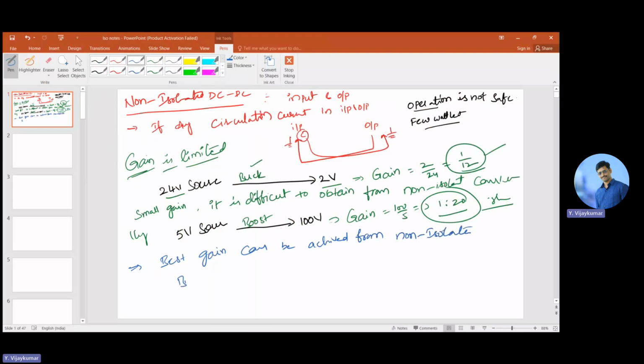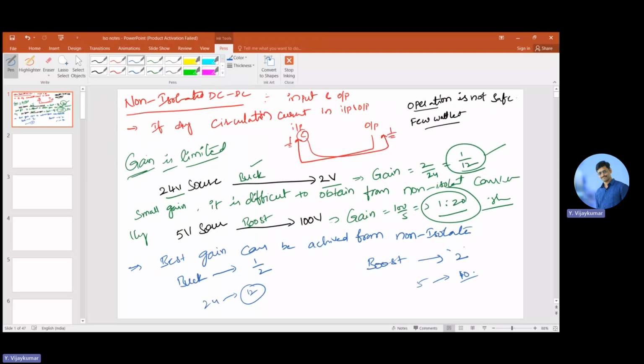If I talk about the buck converter, we are able to get a gain of 1/2, and if we talk about the boost converter, we are able to get a gain of 2. That means if you have 24 volts, you can get the secondary voltage up to 12. Similarly, if you have 5 volts, you can boost up to 10 volts. Only in that range is it possible using a non-isolated DC-DC converter.